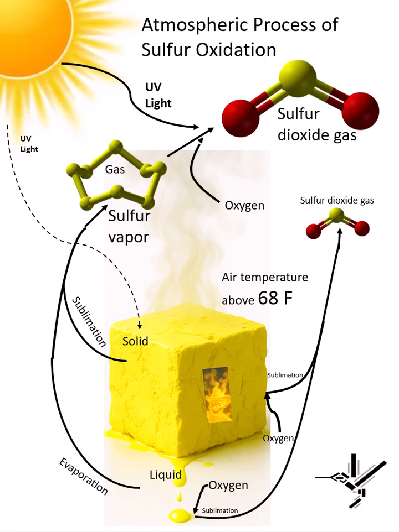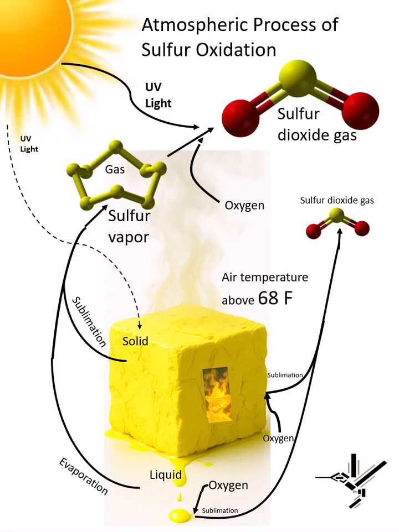One is sulfur vapor that you see coming off the left-hand side of both the cube and the molten liquid sulfur. And to the right, you see that sulfur is reacting directly with oxygen to form sulfur dioxide gas. The pathway to the left, to the sulfur vapor, is by far and away what is happening the most.